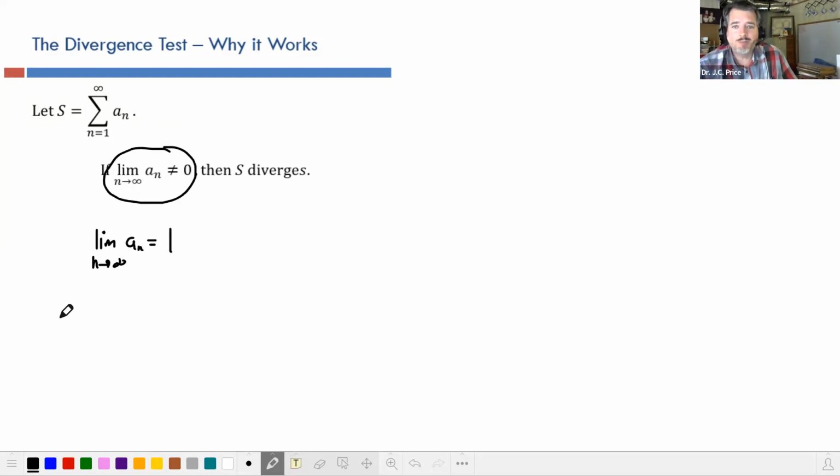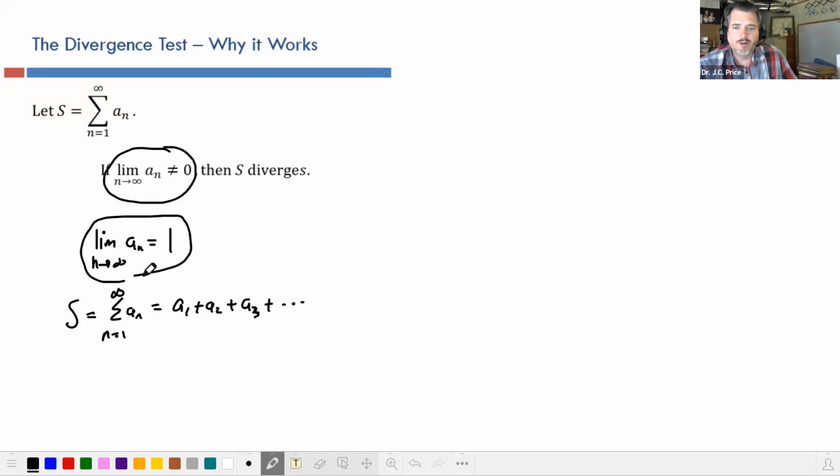So what does that actually mean? That means you have your series here, which is the sum n equals 1 to infinity of a sub n. And then what's happening here? You have a sub 1 plus a sub 2 plus a sub 3 plus, and you just keep on going out forever and ever. The fact that this limit is some number that's not 0, what does that mean as you go further out?